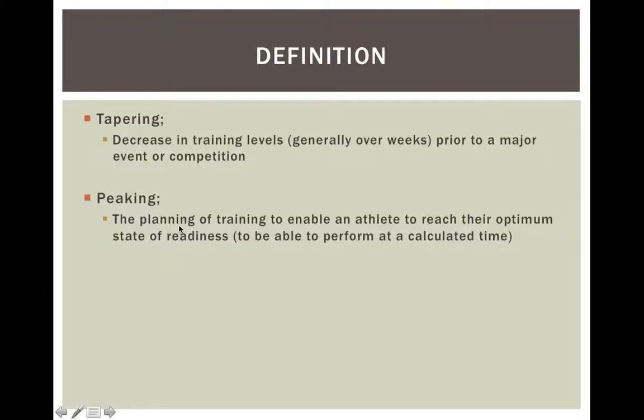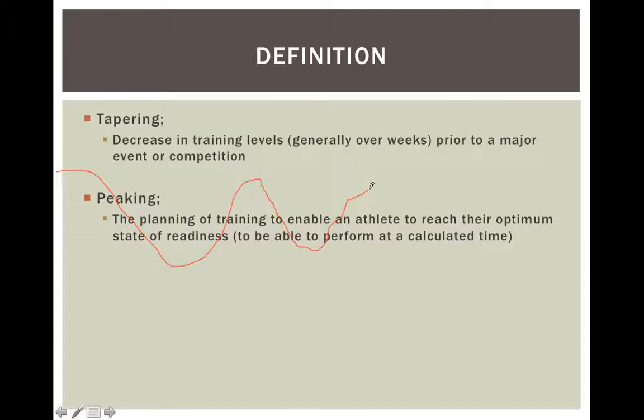So peaking is the planning of training to enable an athlete to reach their optimum state of readiness. Right? So in other words, if I pull out a coloured pen here, what Olympians will do is go, okay, I want to peak here at the Olympics. I then want to drop off. I want to peak for the Com Games. I want to drop off.